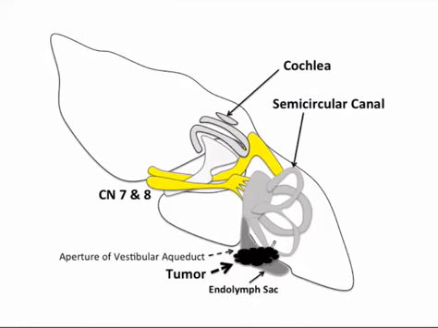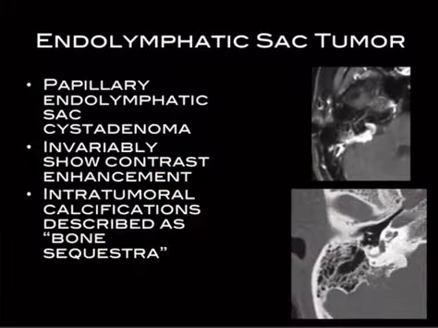And if you've got your tumor right here, it's actually right at the level of this endolymph sac that's part of this whole apparatus. So that's an endolymph sac tumor, which occurs right at the vestibular aqueduct, which is right where the endolymph sac is. What do you need to know about this thing?